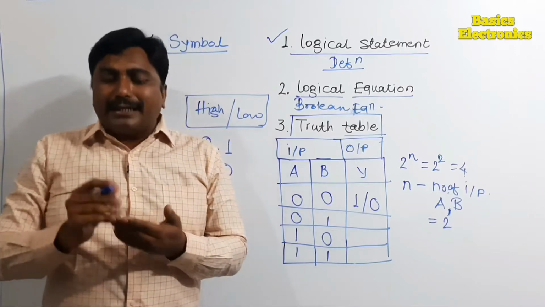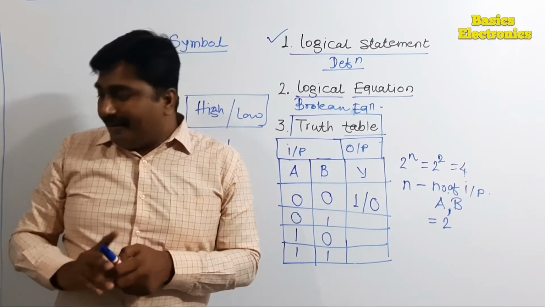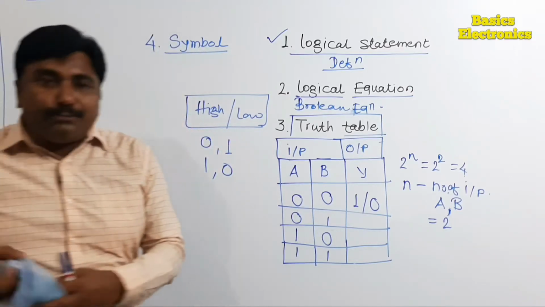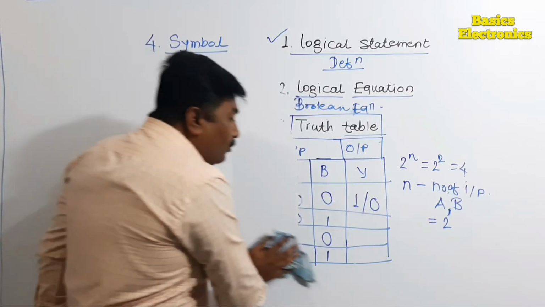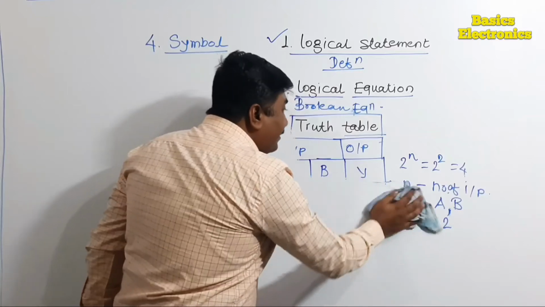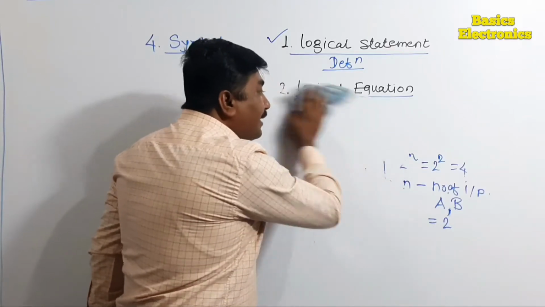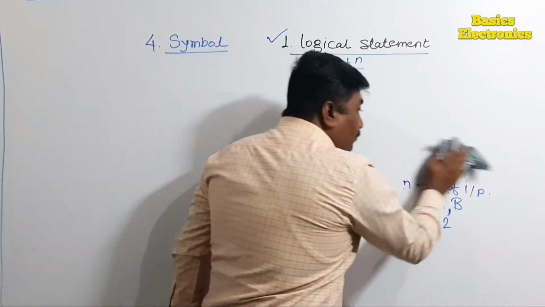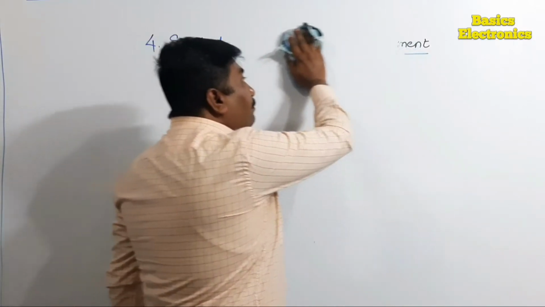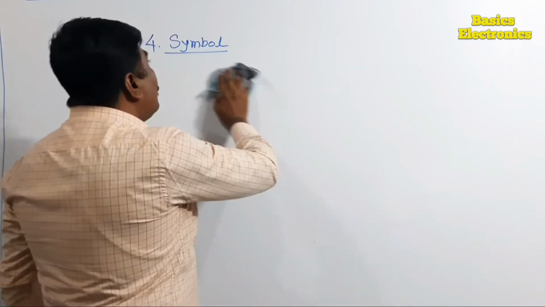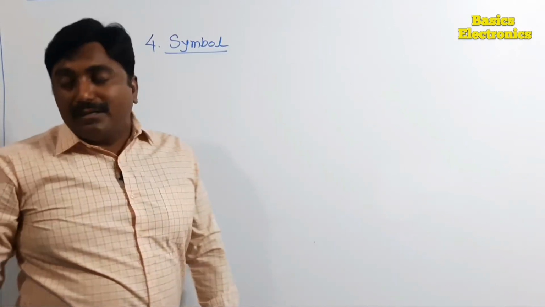Now if we consider the logic gate and its definition, what we said is that the logic gate is an electronic circuit or electronic switching circuit which is used to implement any logical function or any logical equation.